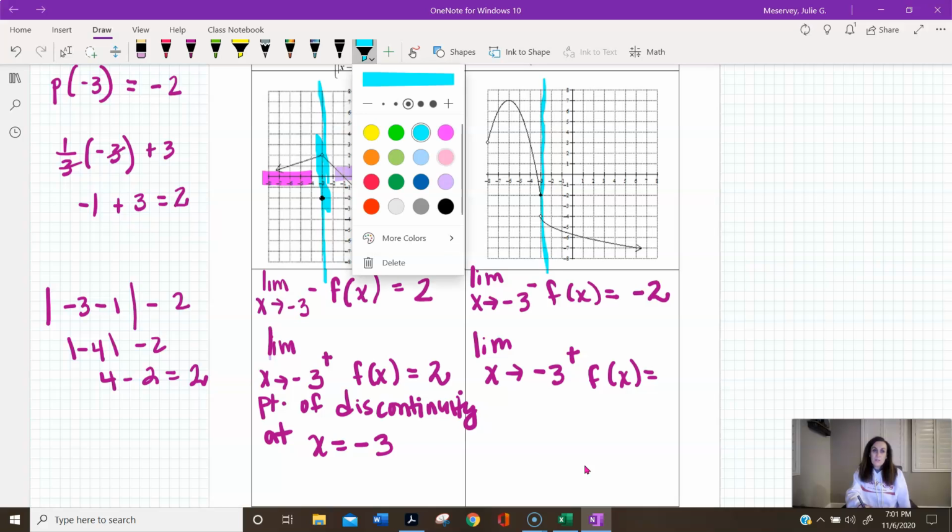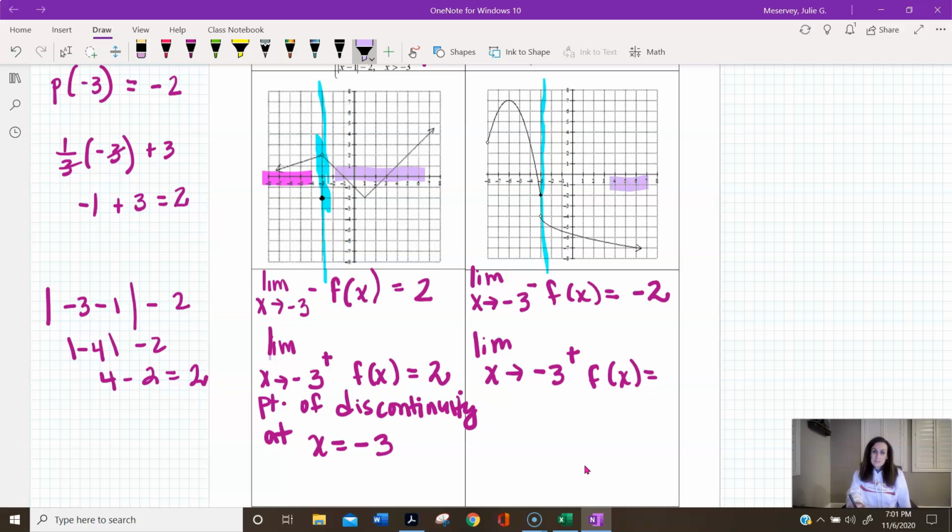We're coming in from this side, and y, as we come in, is getting closer and closer to negative 4. It doesn't matter that negative 4 is undefined. It just matters, what am I approaching?